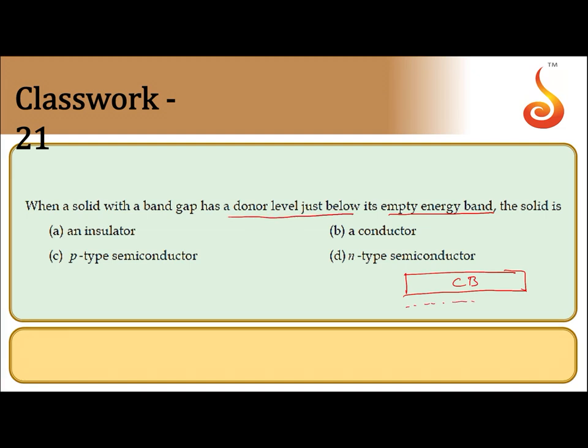Just below this there is donor level, so you have doped it with donor impurity, so this will be your valence band. Donor impurity means electron donating species. When it is electron donating species, it must be n-type semiconductor. When you add donor impurity, it will give you n-type semiconductor. That is option D.